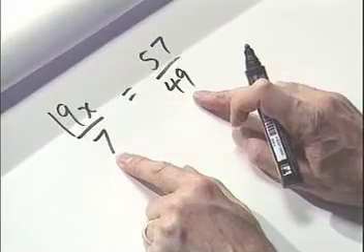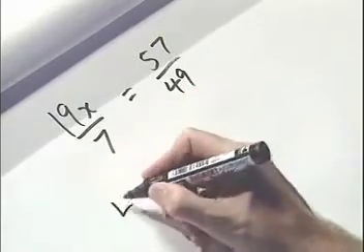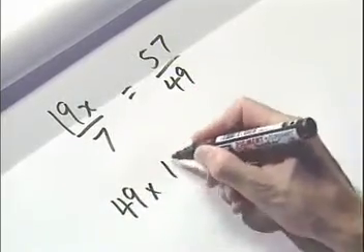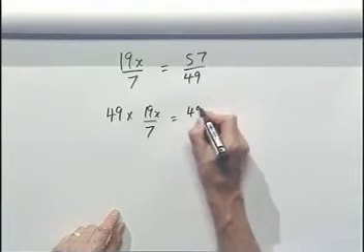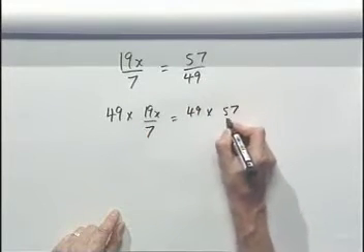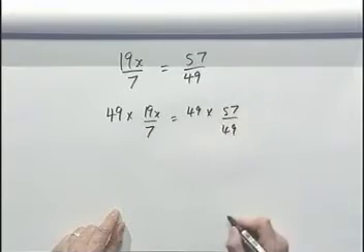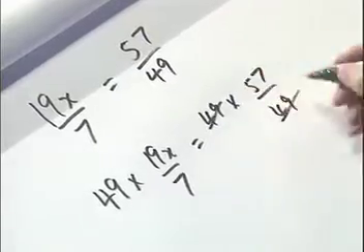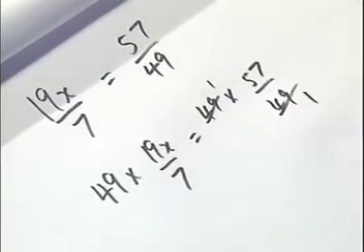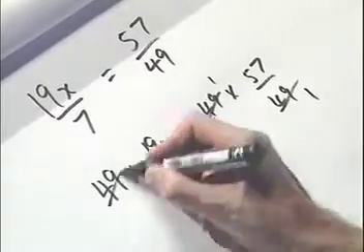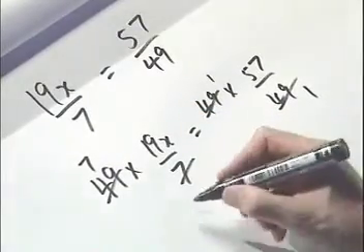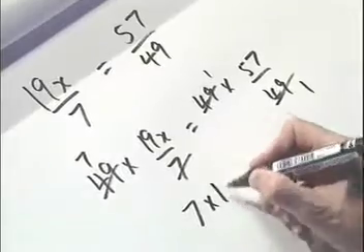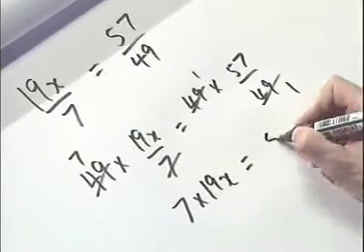It will be 49. So we just need to do 49 times by 19x over 7 equals 49 times 57 over 49. 49 goes into 49 once each time, and 7 goes into 49 7 times. And so I have 7 times by 19x equals 57.